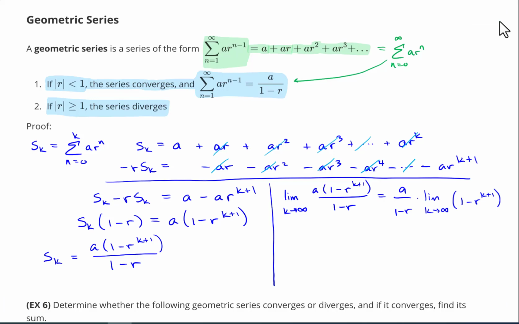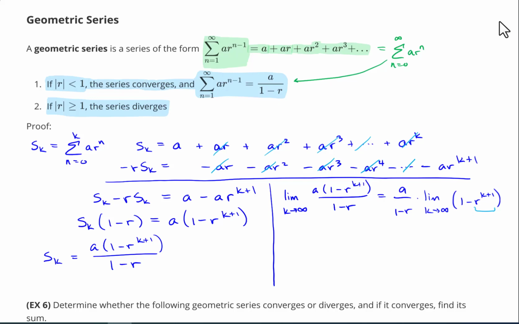Okay, now I don't really have a very strong argument as to what exactly happens next, but I think you can follow along here and understand. So this term right here, if I'm letting k go to infinity, what I want is this limit to exist. So I want it to converge to a real number.